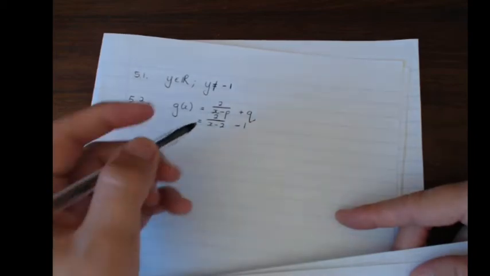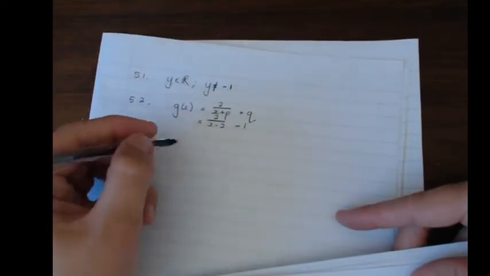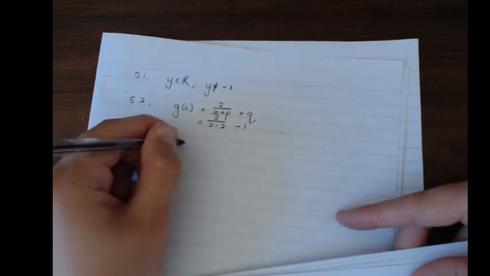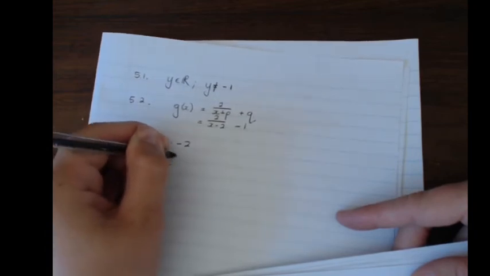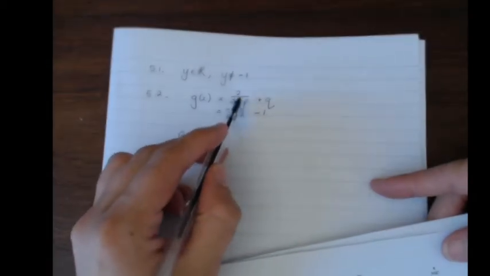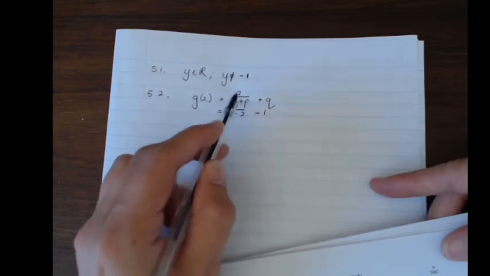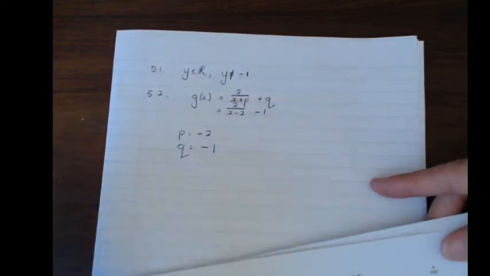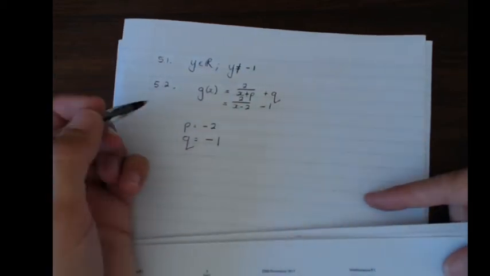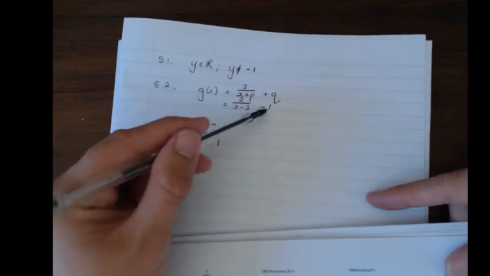Since they gave me a plus here, the p is obviously -2, and q is -1. If they gave me a minus there, the p would just be 2, but since they gave me a plus, p is -2. So 5.2, the equation of g is 2 over x minus 2, minus 1.